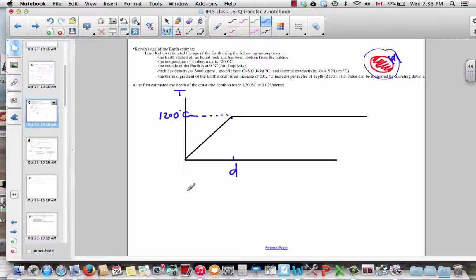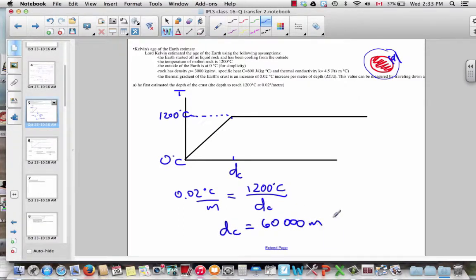If it's 0.02 degrees C per meter, and we've got to reach 1200 C starting at 0 C, what was the depth of the crust? Cross-multiplying, we see that it was about 60,000 meters, or about 60 kilometers of crust, and that's not far wrong. That's a pretty reasonable estimate.